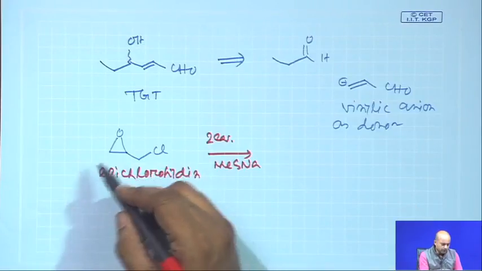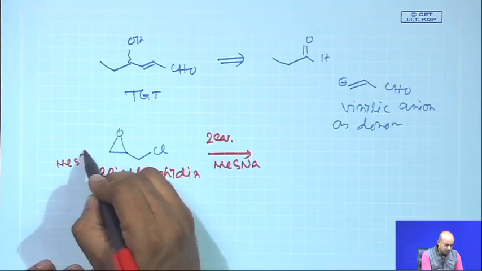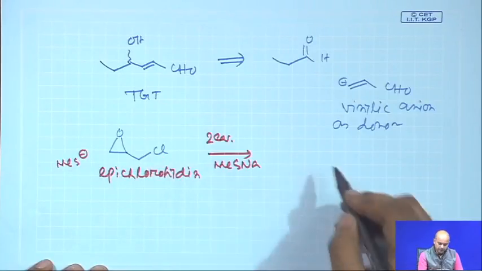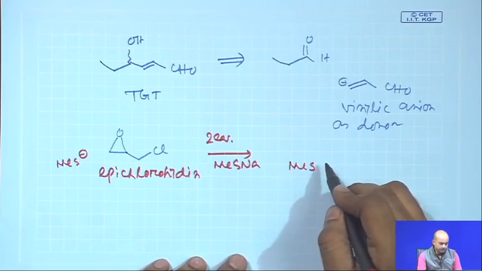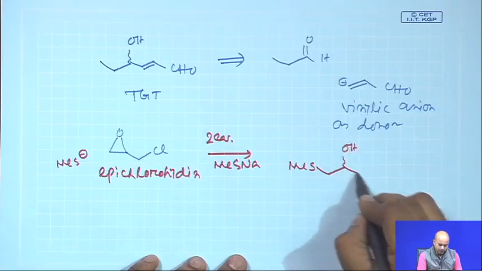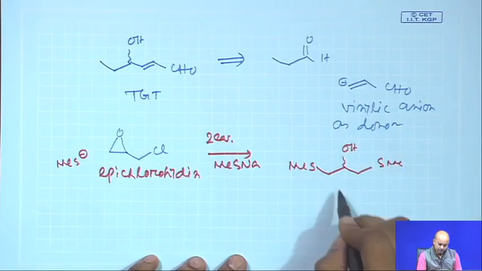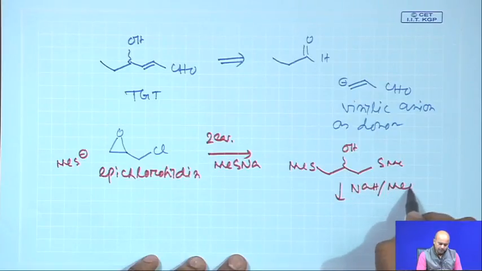Initially, epoxide opening takes place by MeS minus, as well as SN2 with this Cl. So, you will basically get MeS, epoxide opening will give you the alcohol and this SMe. Then the free hydroxyl was protected with sodium hydride and methyl iodide.